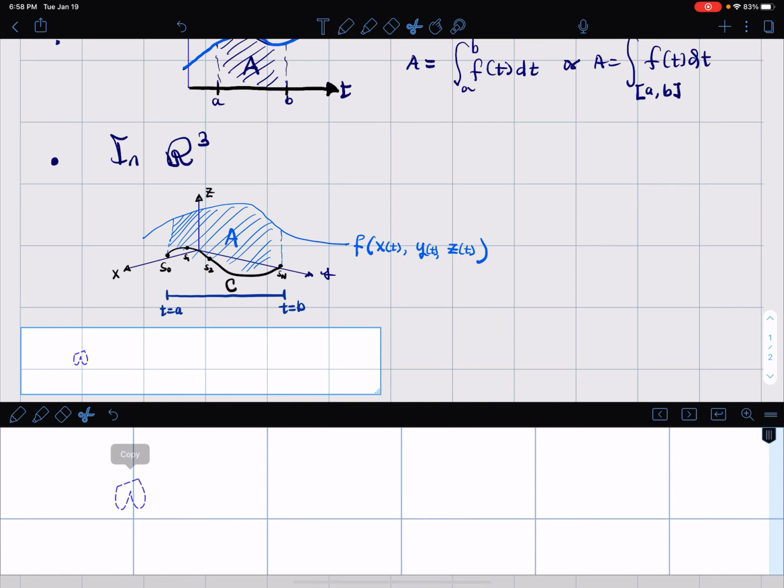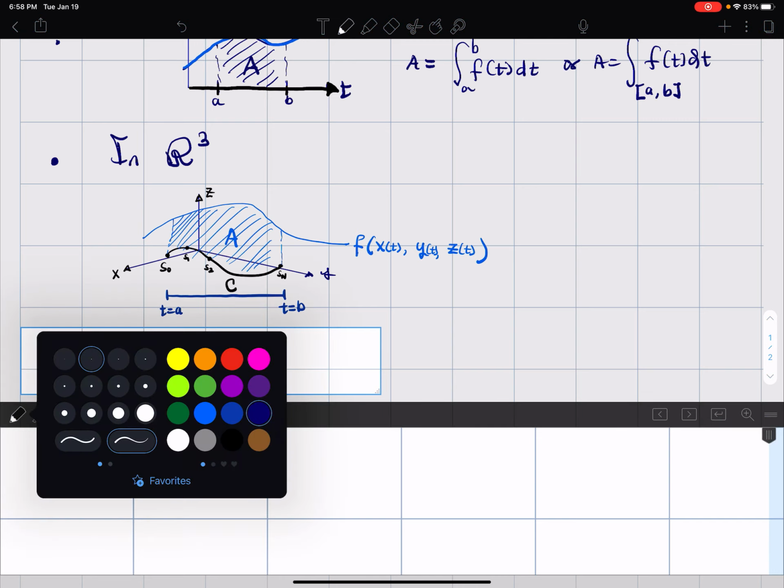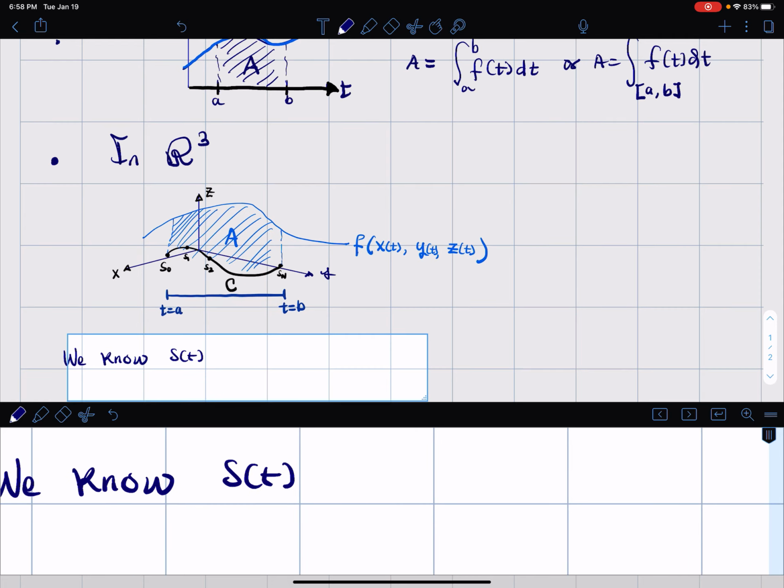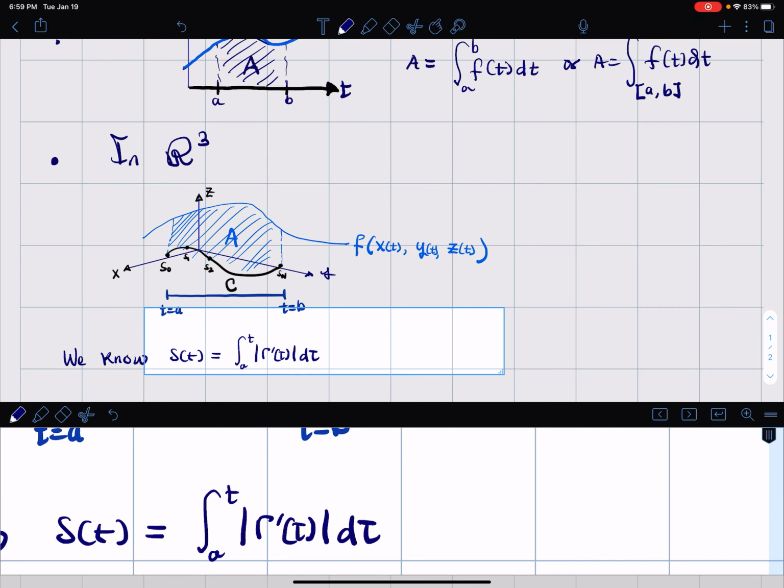We know from the previous section that S of T is equal to the integral from A to T of R prime of tau d tau. Okay, and I'm going to explain this in a moment.